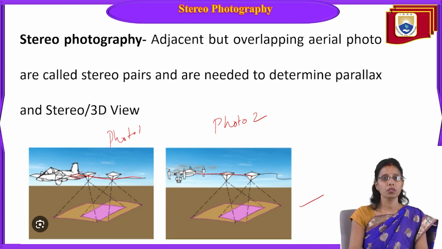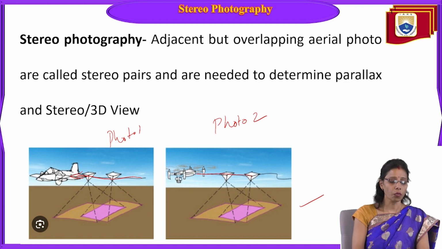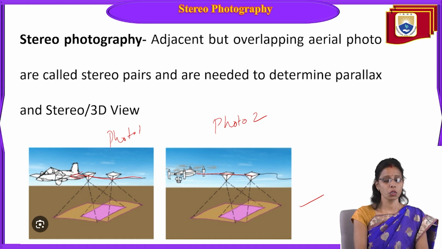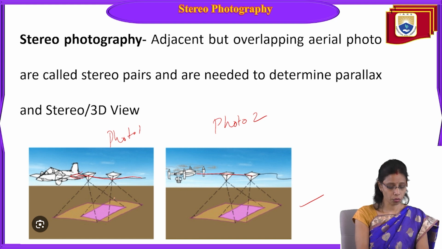In the previous lectures, we already discussed how a flight line goes in a direction, either east to west or west to east, and either south to north or north to south. While going in a direction, it keeps on clicking photos in the same forward direction. Suppose it has clicked this one photo and this is photo number 2.